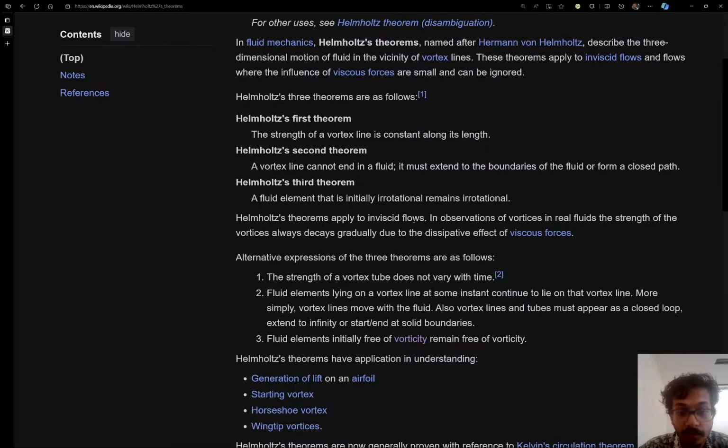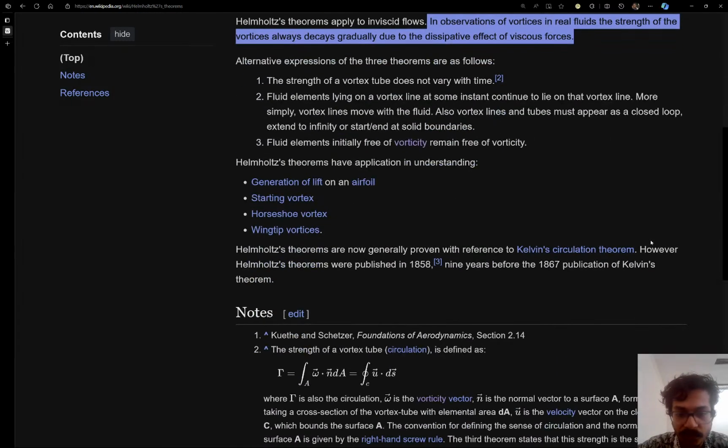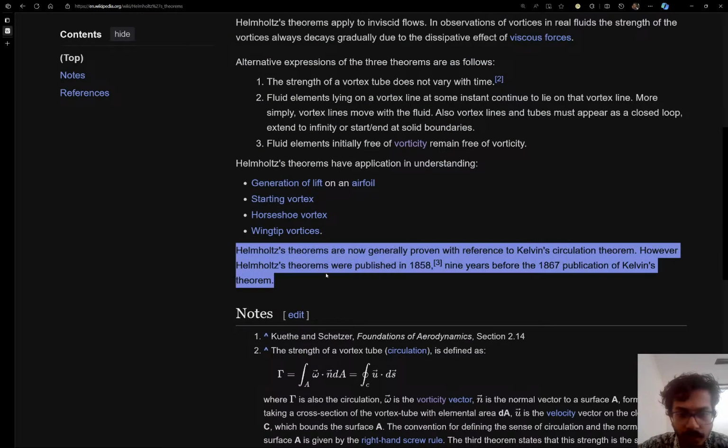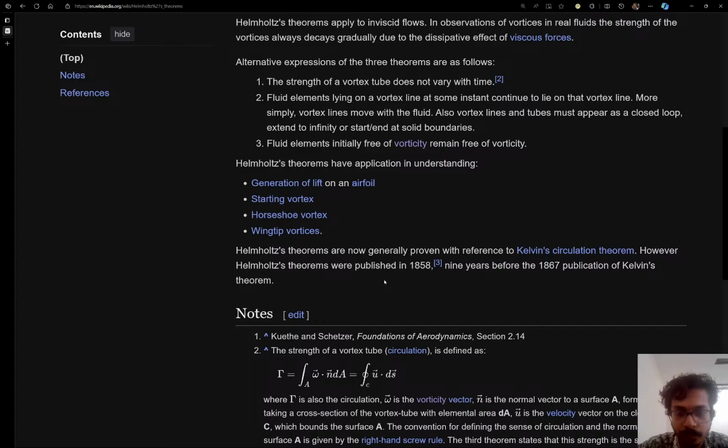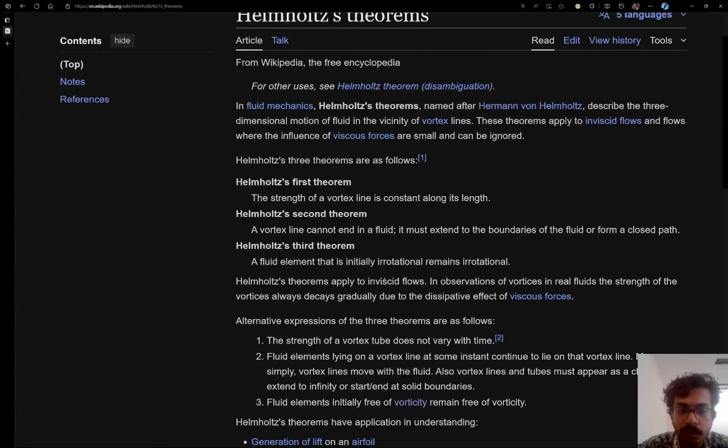In real fluids, the strength of vorticity always gradually decreases because of the dissipative effect of viscous forces. How is energy related to vorticity? That is a different question, I guess. I don't know if they are related, but there are a lot of examples.